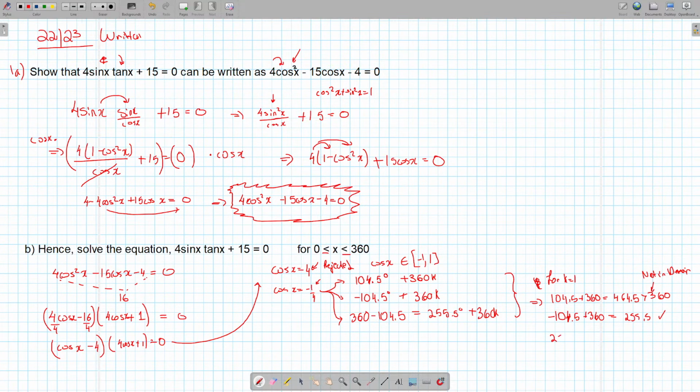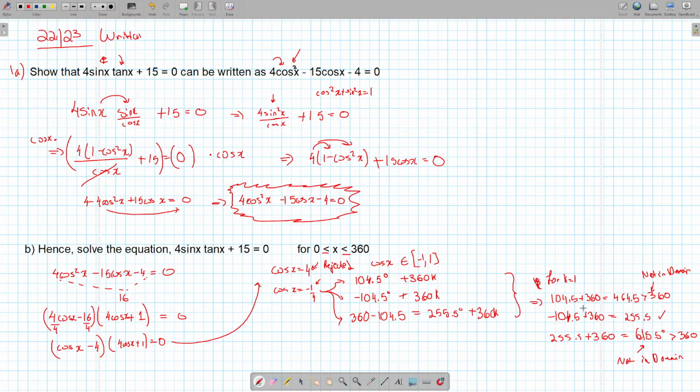Then 255.5 plus 360 is going to be equal to 615.5 degrees, which is greater than 360. It's not in domain.